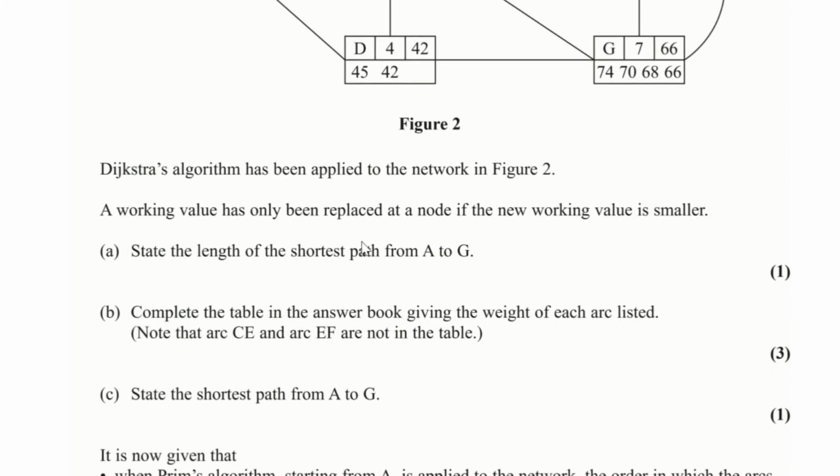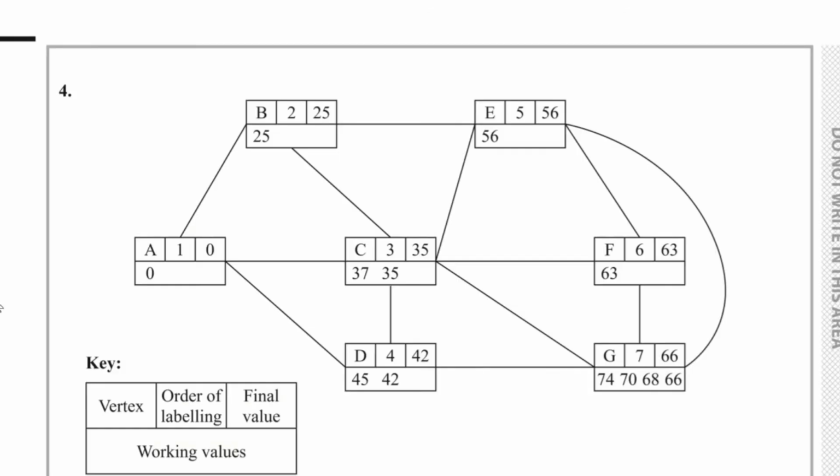Now for part B, we have to complete the table in the answer book giving the weight of each arc listed. We have to note that CE and arc EF are not in the table. So from A to B, we start off with 0 and then 25 goes here, and that's the only thing here, so that suggests to us 25 must have been the weight.